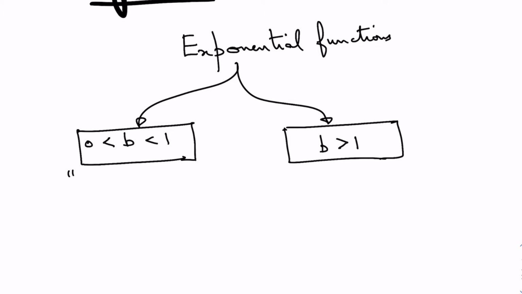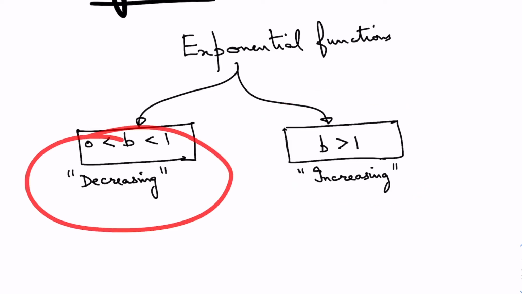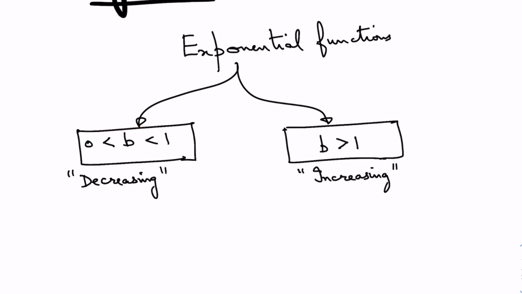This one I will call the decreasing family, and this one is the increasing family, and we'll understand why these names are attached to them. The graph on this side will look like an increasing curve, and the graph on this side will look like a decreasing curve. So that's why we have put this label on them.